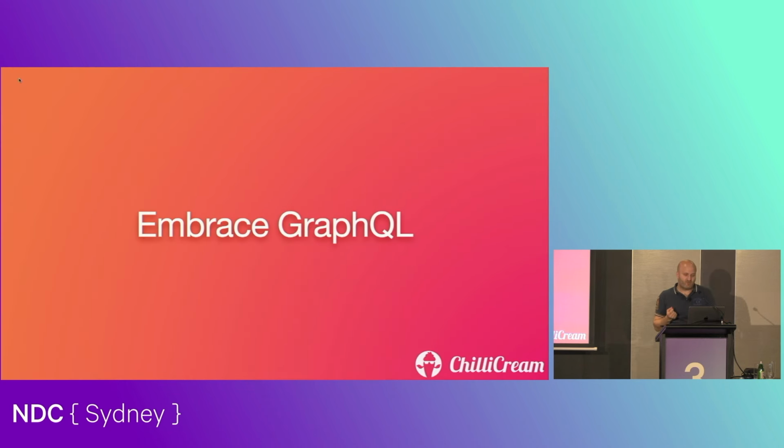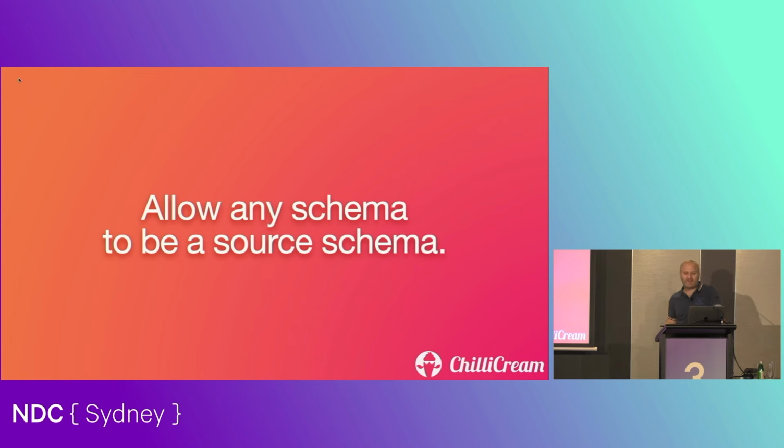So with this approach, we want to embrace GraphQL. We didn't want to take over these kind of vendor-locked solutions where you maybe even broke a bit the GraphQL contract. We really want to embrace GraphQL as is. And we want to allow any schema or any GraphQL server to be part of such a distributed schema.